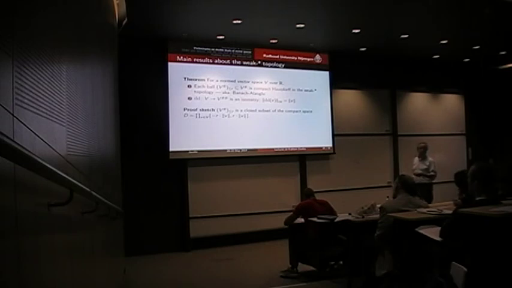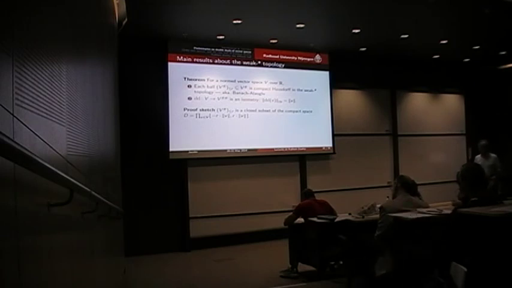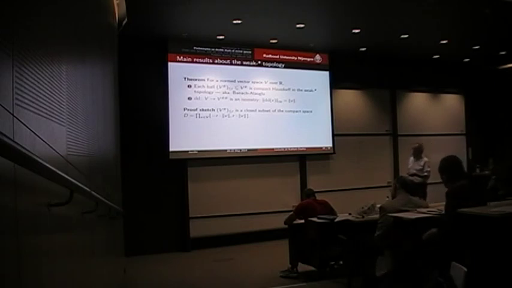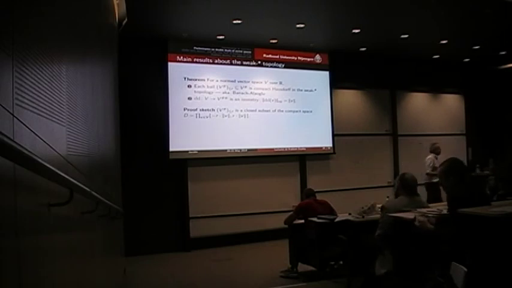If I take the product over all these intervals, each such interval is bounded and closed, thus it's compact. If I take the product over all these compact spaces, by Tikhonov's theorem this is again a compact space. And it's not very difficult to describe this as a closed subset of this compact space, hence it must be compact itself.